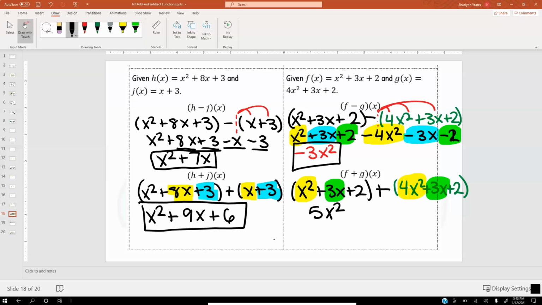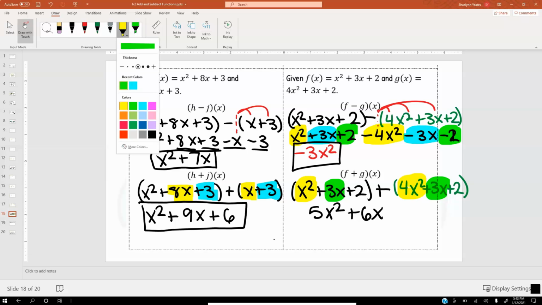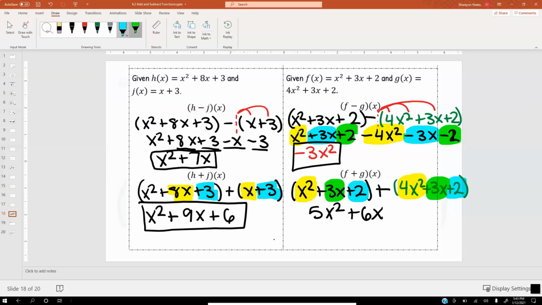This gives me a total of 6x. And then at the end, I end up with a 2 plus a 2, which gives me 4. So there's that one.